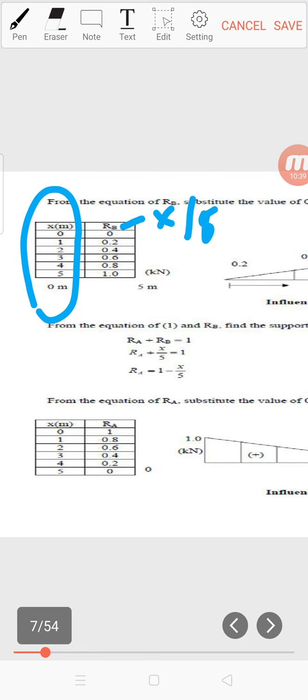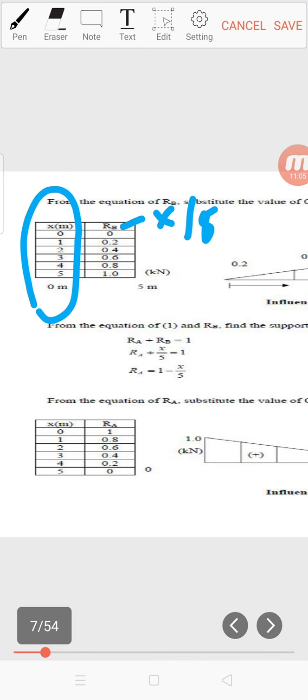In a similar manner, we can find the influence line for RA by filling in the table X and RA. RA is 1 minus X over 5. So again, X is from 0 to 5. When X is 0, RA is 1 minus 0 over 5.